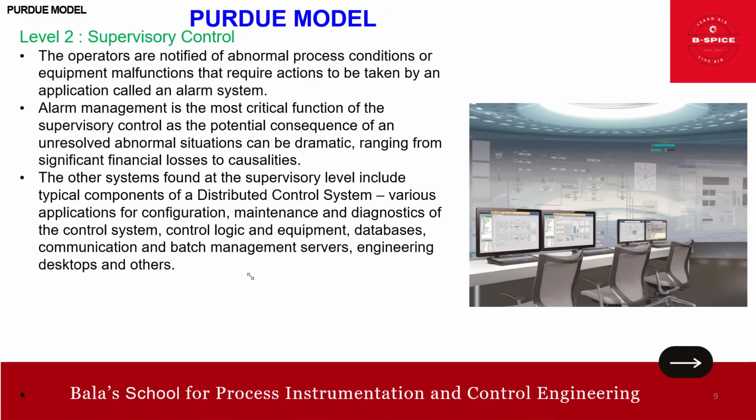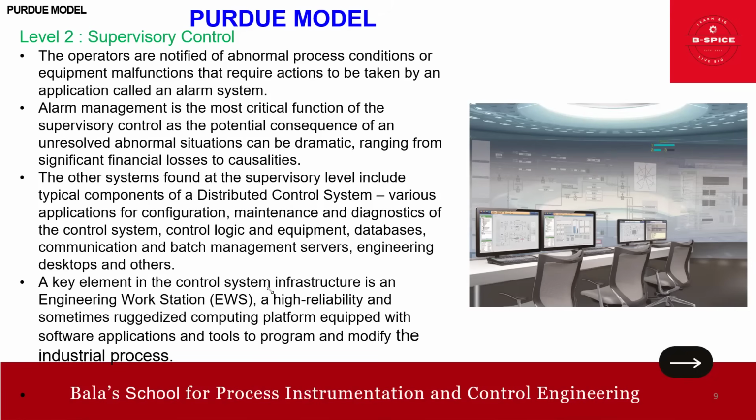So a key element in the control system infrastructure is the engineering workstation, right? A high reliability and sometimes ruggedized computing platform equipped with software applications and tools to program and modify the industrial process. So this is all about the level 2 supervisory control.